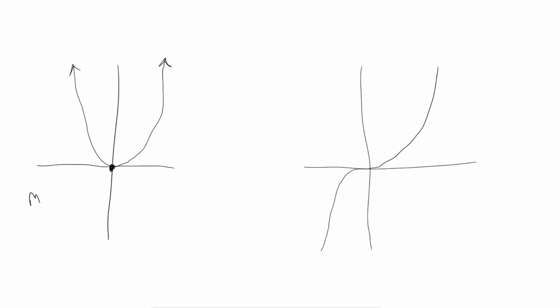So, min, but no max. For x cubed, we have neither. We are going into negative infinity and positive infinity, so we have no min nor max. That's example number 1 and example number 2.